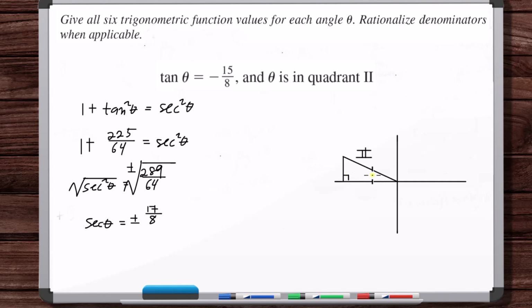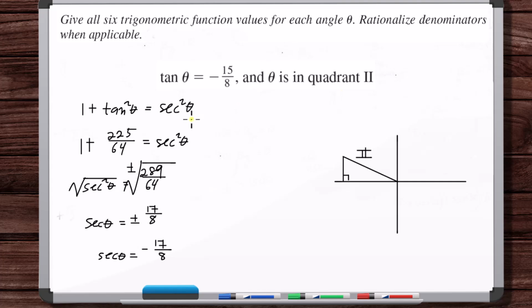We're in quadrant 2. Secant is the reciprocal of cosine, and cosine is adjacent over hypotenuse, so secant is going to be negative. So secant theta is minus 17 over 8.